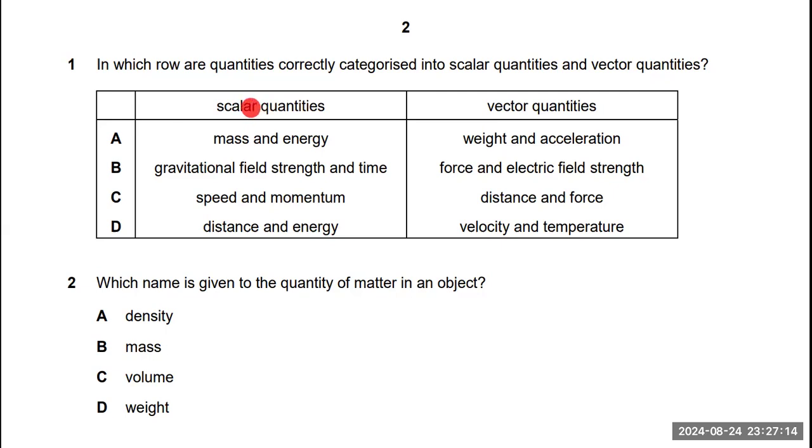Scalar quantities are those quantities that can be represented by magnitude only. I will write here: represented by magnitude only. On the other hand, vector quantities are represented by magnitude plus direction.